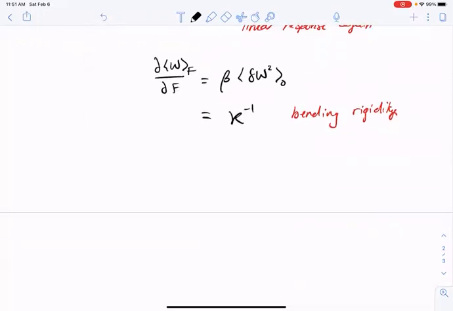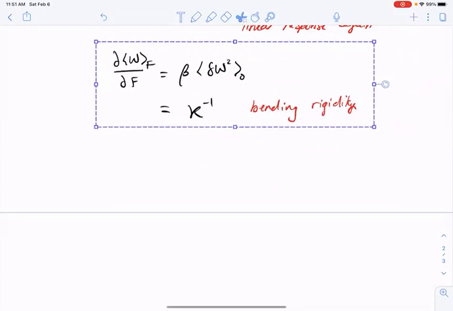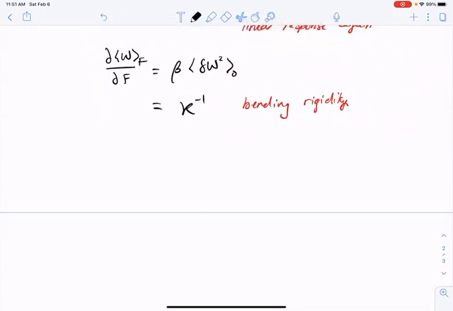We could, using the same relationships we've already just written down, generalize or ask for how would the bending rigidity change with the force, or how do the fluctuations in the curvature change with the force?